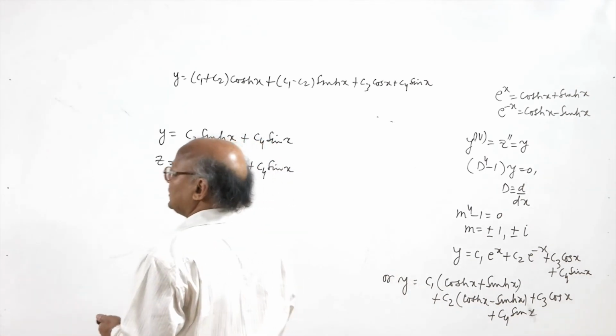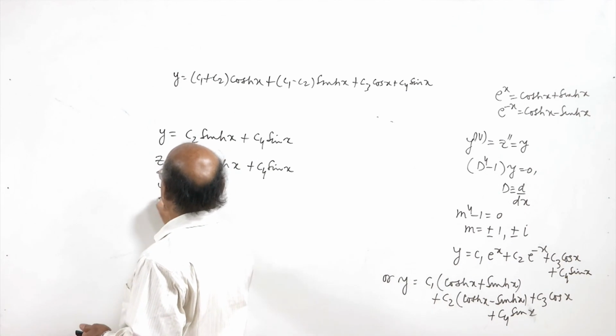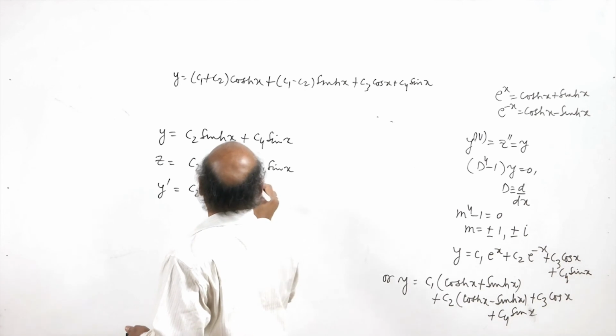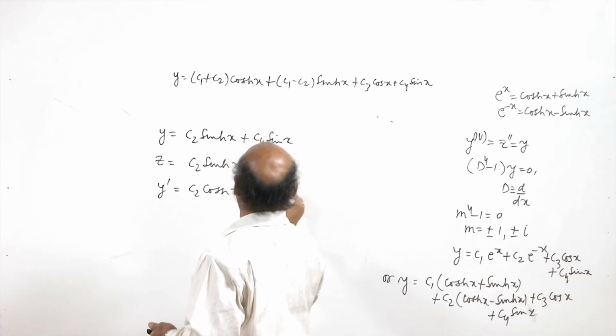Now y' at x equal to x2 is 0. So y' is equal to C2 cosh x plus C4 cos x.